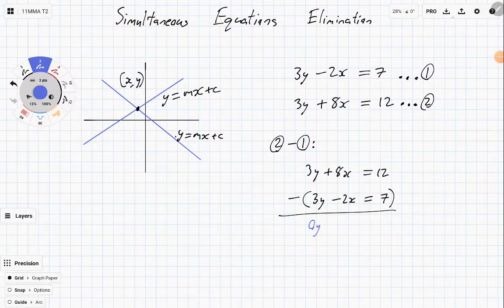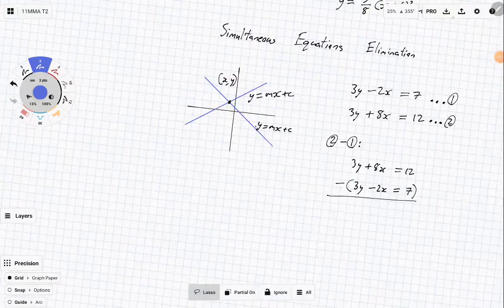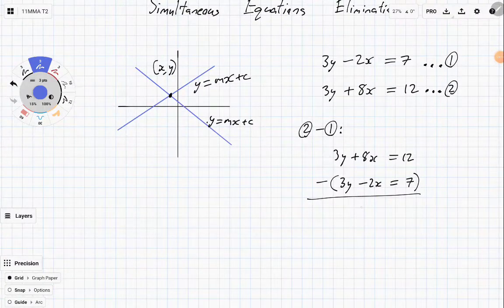No y's left, so no y is nothing. Next one, 8x minus negative 2x, so that's actually plus 2x, so it's 8x plus 2x, so that's going to be 10x, and then 12 minus 7 is equal to 5.